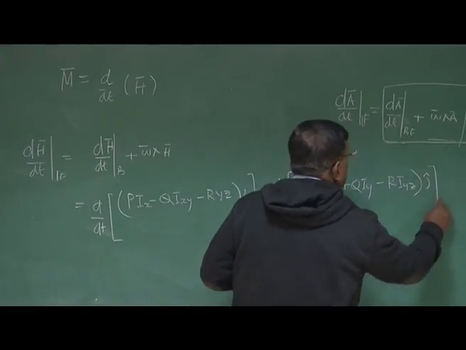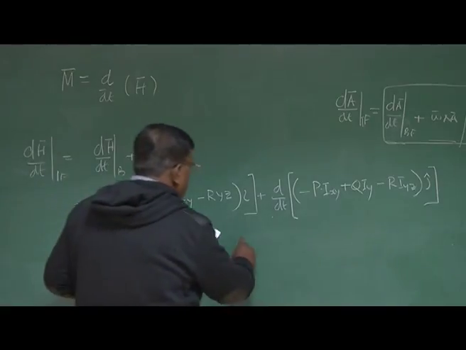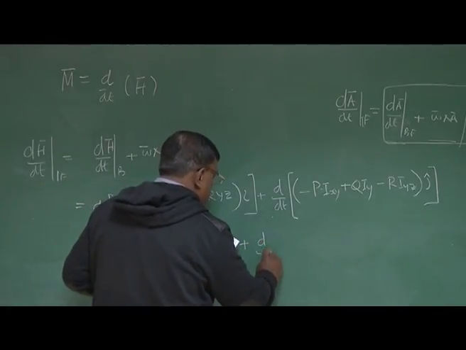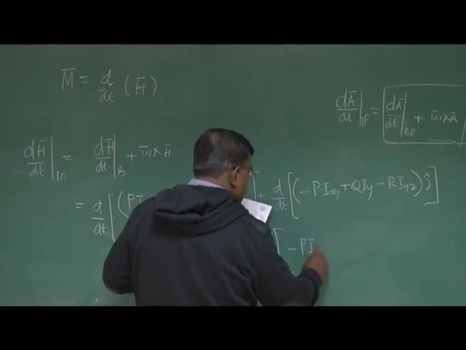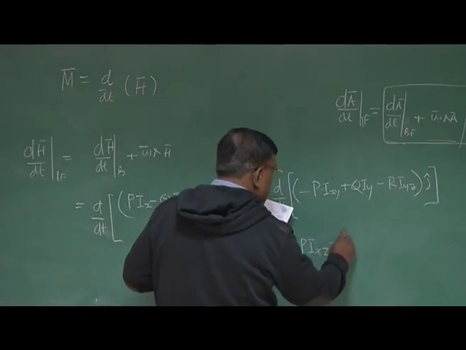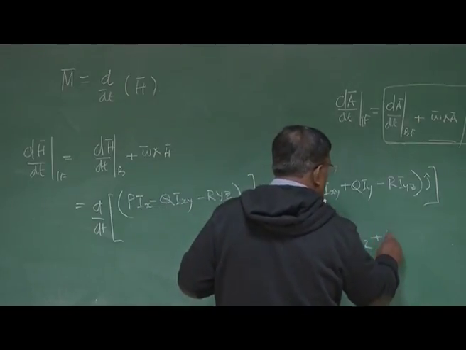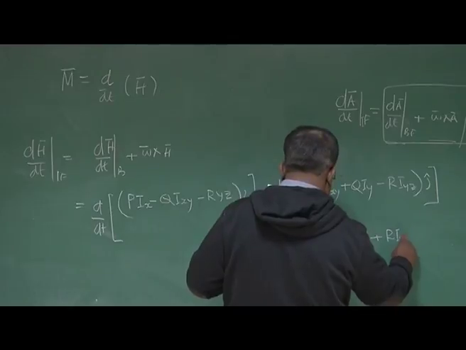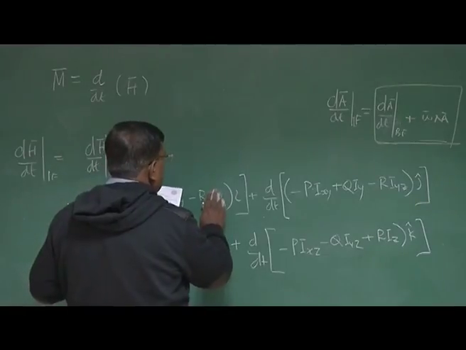This is the unit vector along the body j direction. The third term will be d by dt of minus p Ixz minus q Iyz plus r Iz times k prime. This should be right.